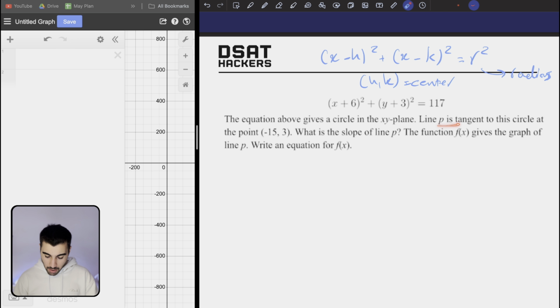We have line P that is tangent to the circle at this point. So we have the circle, and line P is tangent to the circle at this point. This point is both on line P and on the circle.